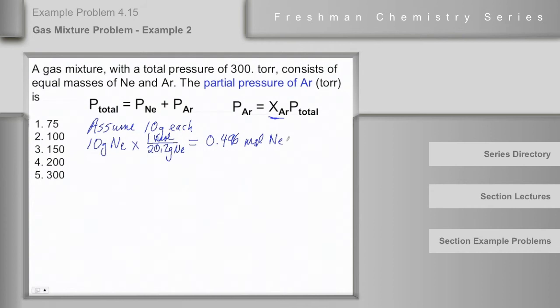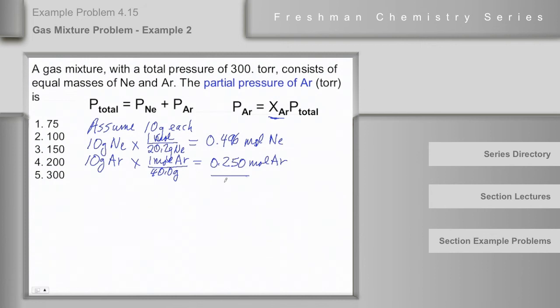Okay, if I do the same thing with 10 grams of argon, one mole of argon over 40 grams of argon, I get 0.250 moles of argon. Okay, regular mass to mole, nothing real special there.